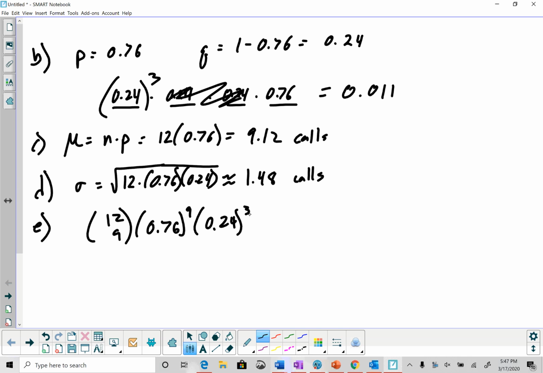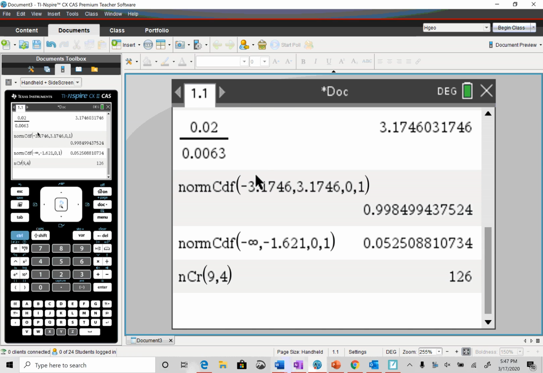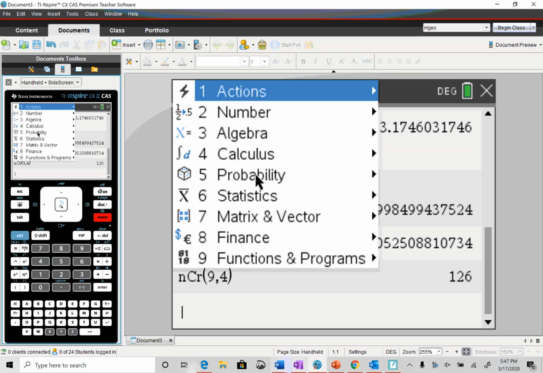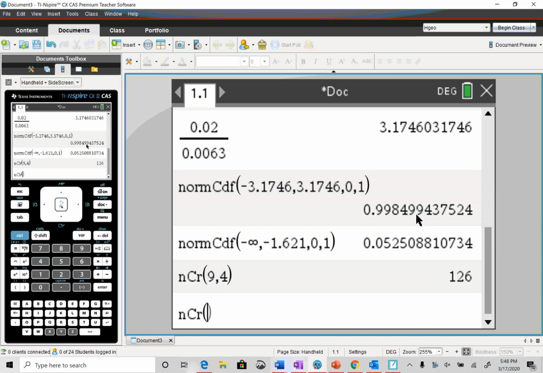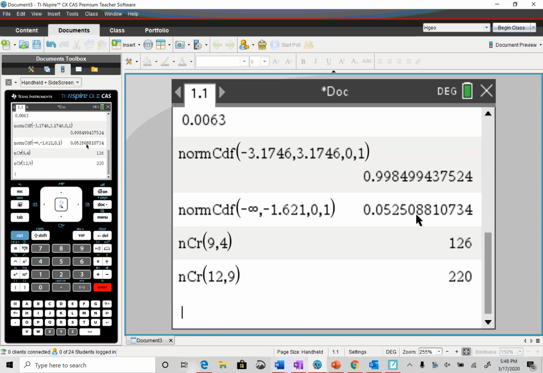Okay. So to refresh your memory there about combinations, with our lovely calculators here, menu, option 5 for probability. Make sure that you choose the right combination. So in this case, it's 12, comma, 9, and that's 220.